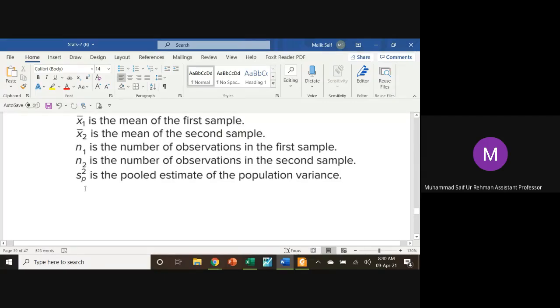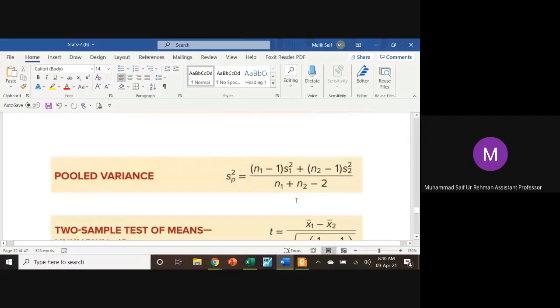And what is this sp square? sp square is the pooled estimate of the population variance. Basically, we give weight to the variances: S1 square is the sample variance for the first population, and S2 square is the sample variance for the second population, when you take a sample from the second population.